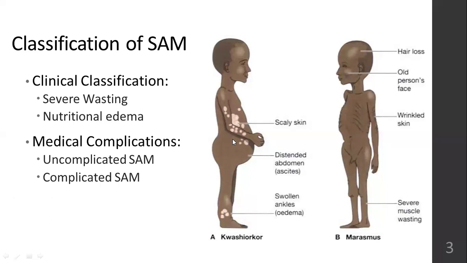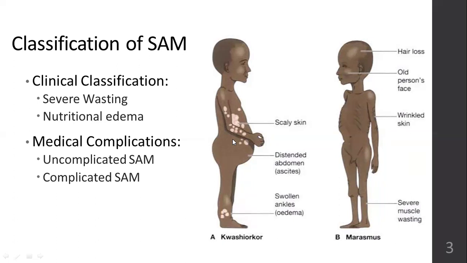Sometimes you will just have to take your child once a week to the clinic, to the pediatrician, to monitor the growth and the changes in the child. That's it. There is no requirement for hospitalization. You don't have to admit the child in cases of uncomplicated SAM.